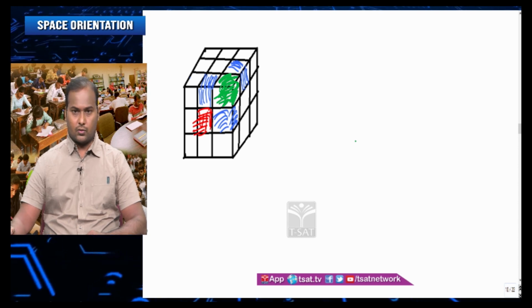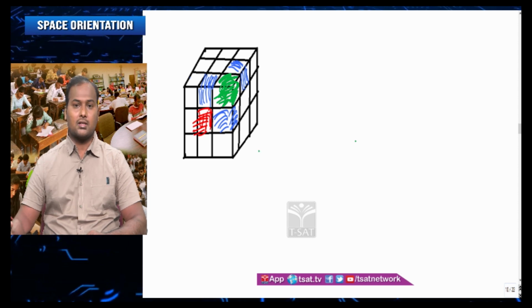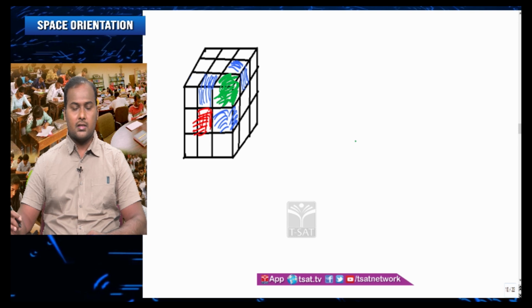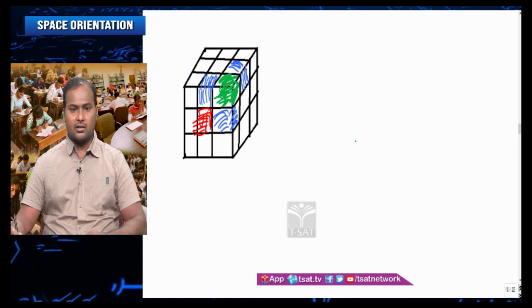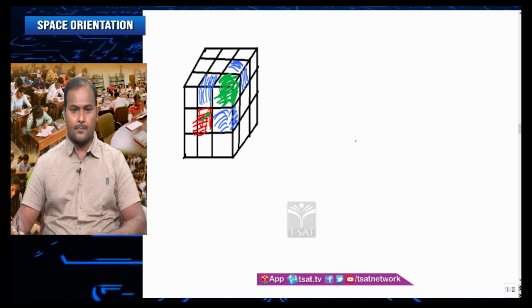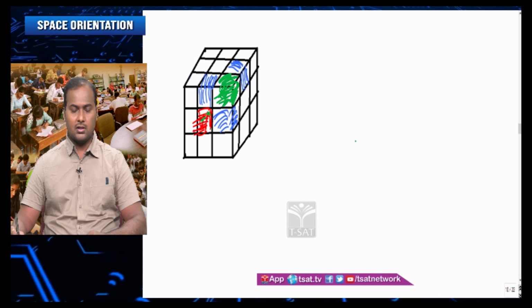Now see the first question I am going to ask based on this. How many cubes have only one side paint? Where is one side paint present? The one side paint is present in the center, always in the center. So for one face, how many? 1, that is at the center.